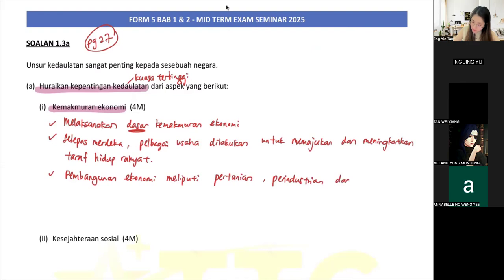Correct? Develop in all these things. How? Melalui. You can say pembangunan all these bidang-bidang melalui dasar pembangunan economy. Like this, one sentence, you get 2 marks.